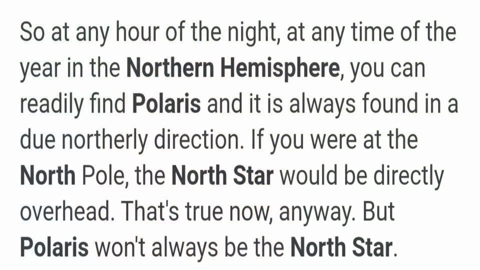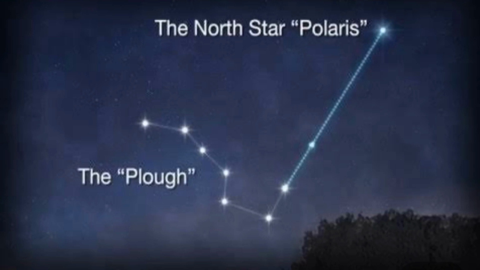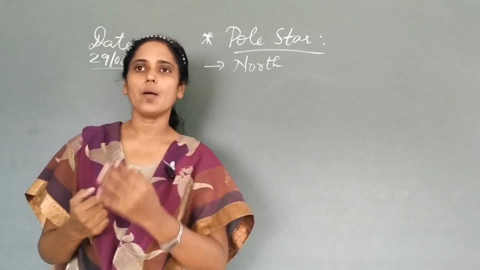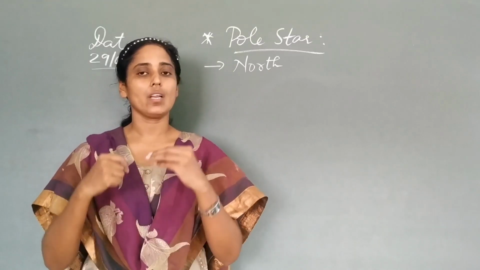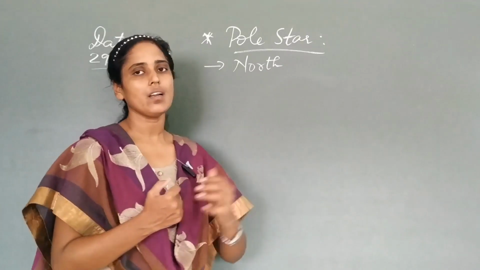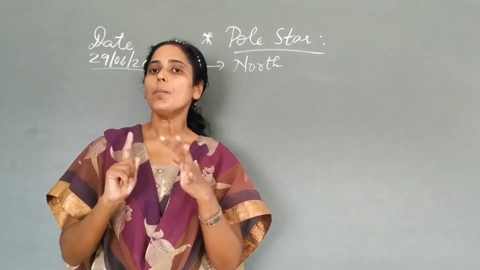Those who travel by sea can easily find their routes with the help of this polar star. It is easily visible in the northern hemisphere, so it's also known as the North Star. The three names are North Star, Polar Star, Pole Star.